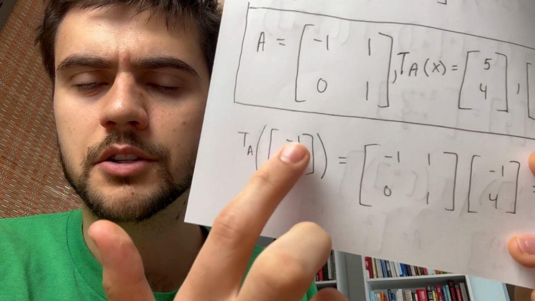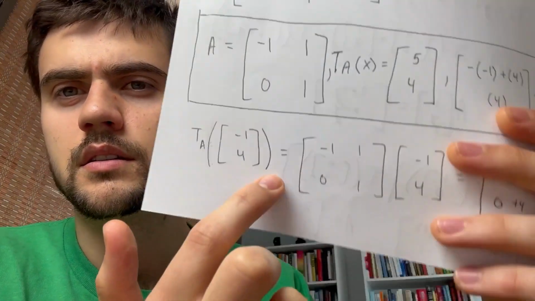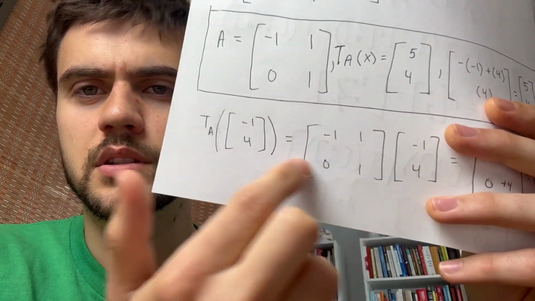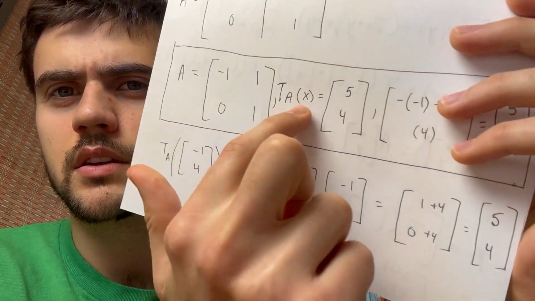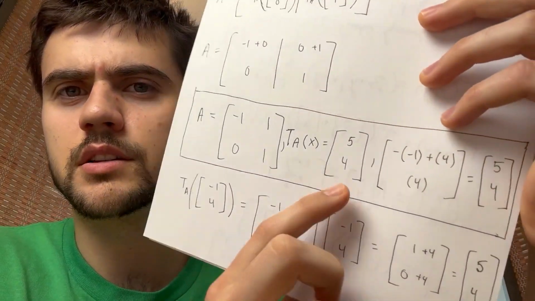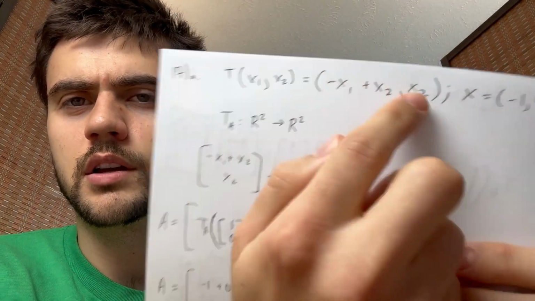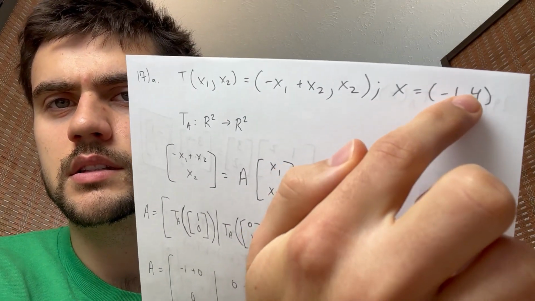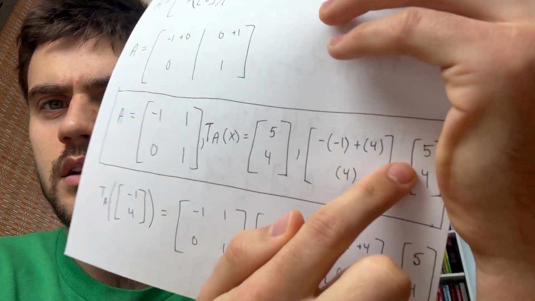So the transformation of x equals the standard matrix times the vector x, and that gives us that, and then check it via direct substitution, plugging this as the values of x1, x2 into these, and getting the same answer.